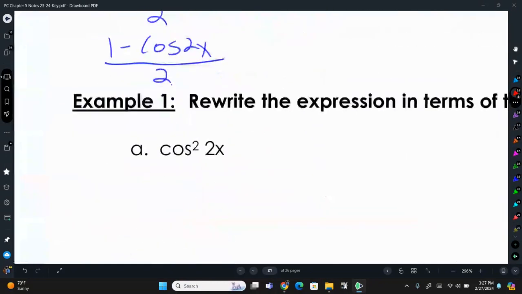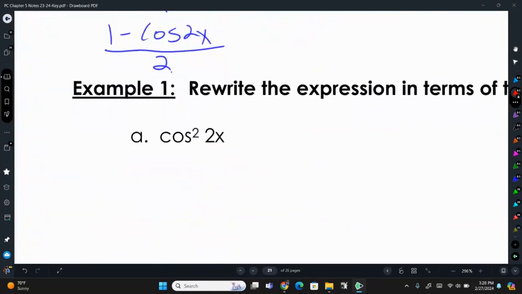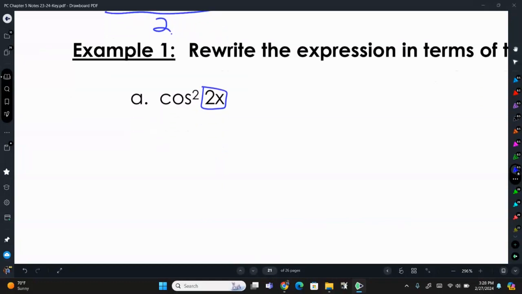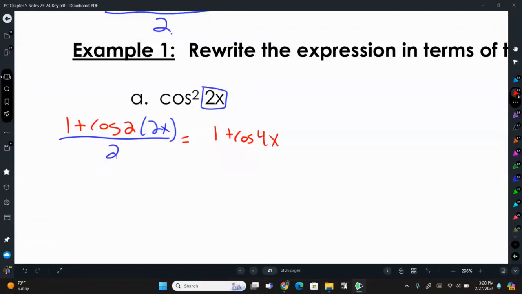The difference here is we have 2x as our angle, so we're still going to multiply that by 2. Using the power reducing formula, we get 1 plus cosine of 2 times our angle, which is 2x, over 2, which is equal to 1 plus cosine of 4x over 2.